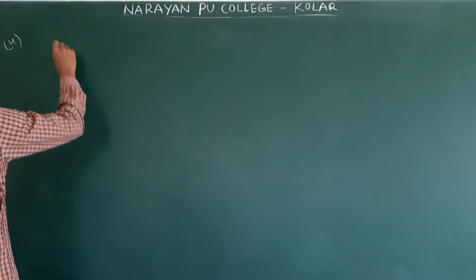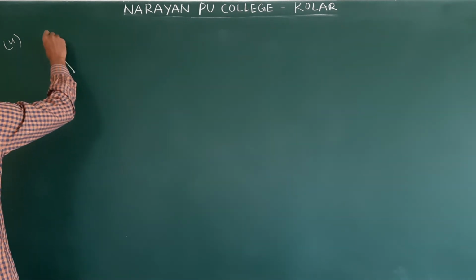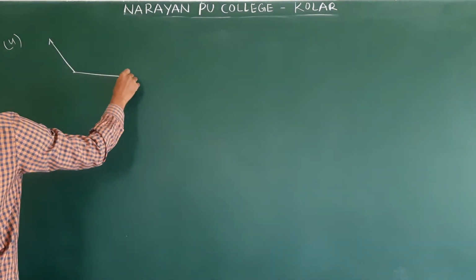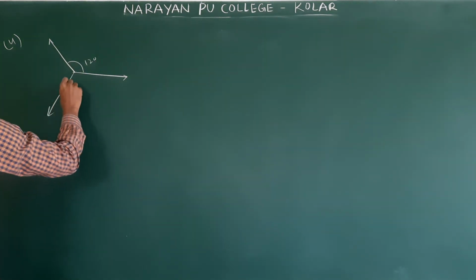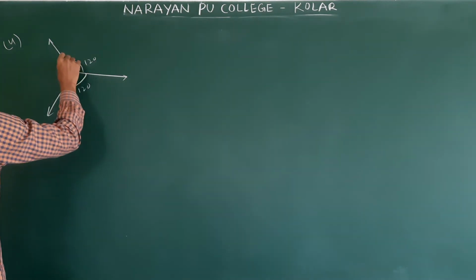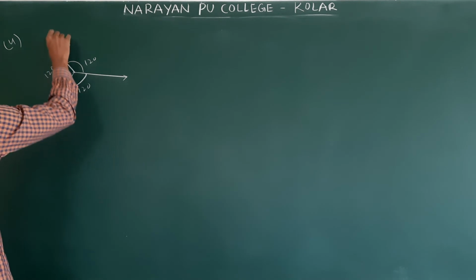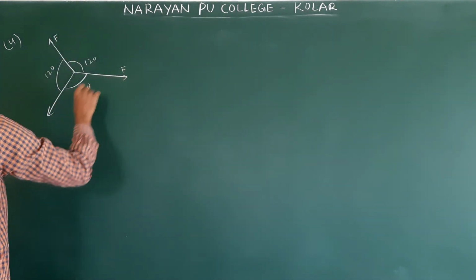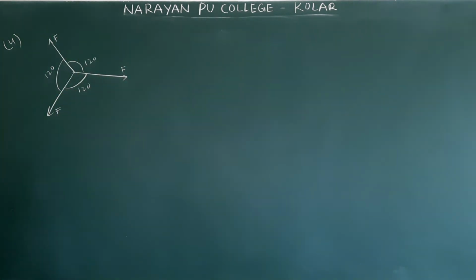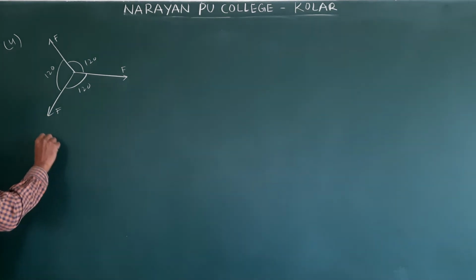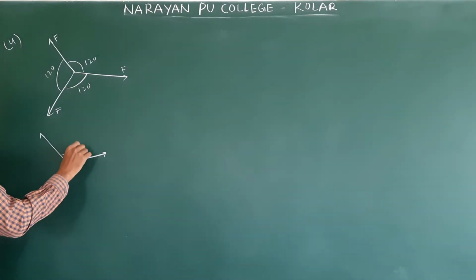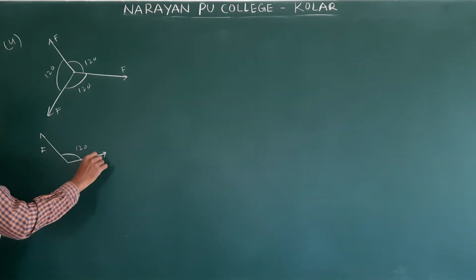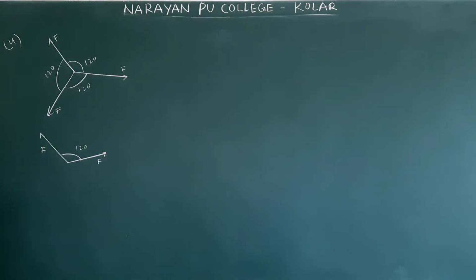So a figure is given with forces like this, each 120 degrees apart, and each force is F. Suppose one force is removed. Am I correct or not?